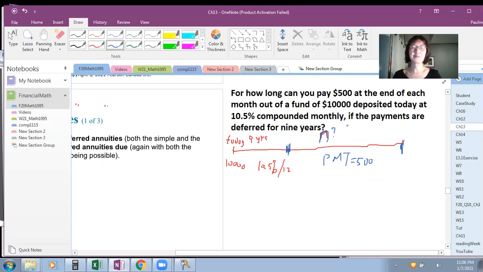So 2 steps. Step 1, what is the future value here? Okay. And in this case, because it is compounded monthly, D equal to 12 times 9, 108.